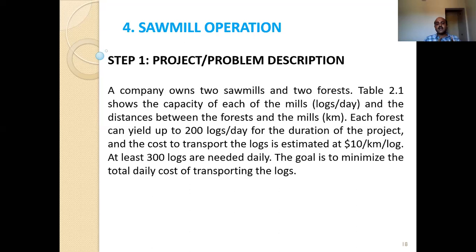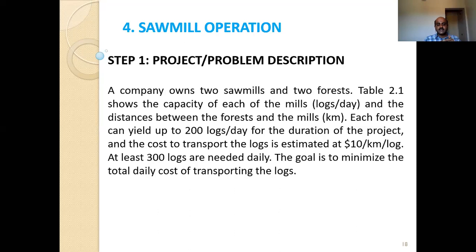Each forest can yield up to 200 logs per day. The capacity of each forest is 200 logs per day, and the cost to transport the logs from forest to mills is $10 per kilometer per log. That means transporting one log over a distance of 1 kilometer costs $10.